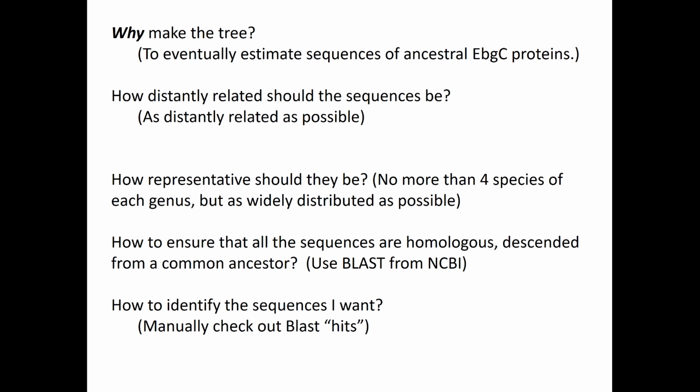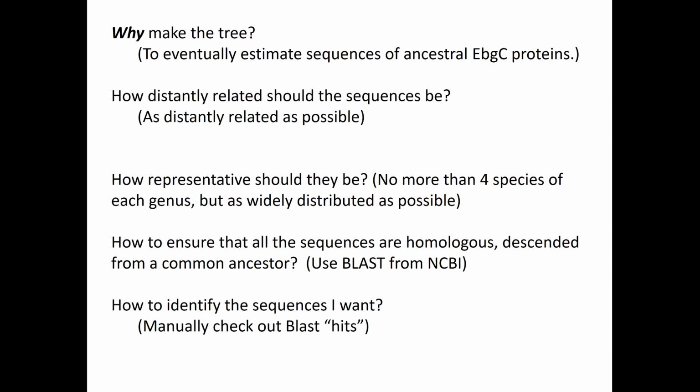Well, I do not, because that will be a very, very, very large tree. I want to get a tree that is very representative of the homologs that are out there. So I choose a criterion of no more than 4 species from each genus, but I want as many genera as possible.